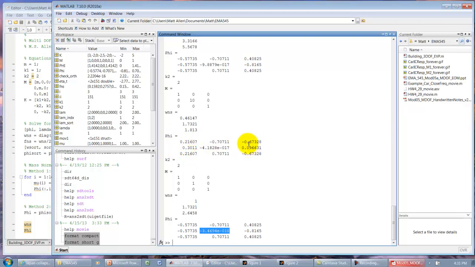The other thing that's interesting is this third mode, whereas before we had kind of a 1, negative 2, 1 relationship between the three masses, now we have the end mass moving about 7 times as much as the middle mass. So the points on the structure with the most mass tend to want to sit still in the different modes of vibration as we add mass.